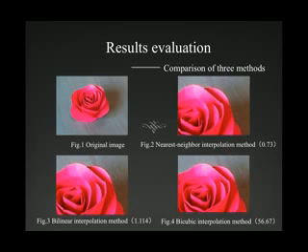It's about 80 times larger than that of nearest interpolation methods. The processing time of bilinear interpolation method is close to processing time of nearest neighbor interpolation method. It's only about 1.11 seconds.